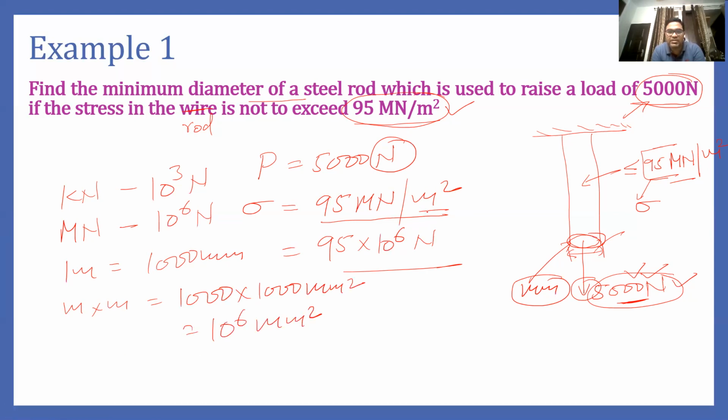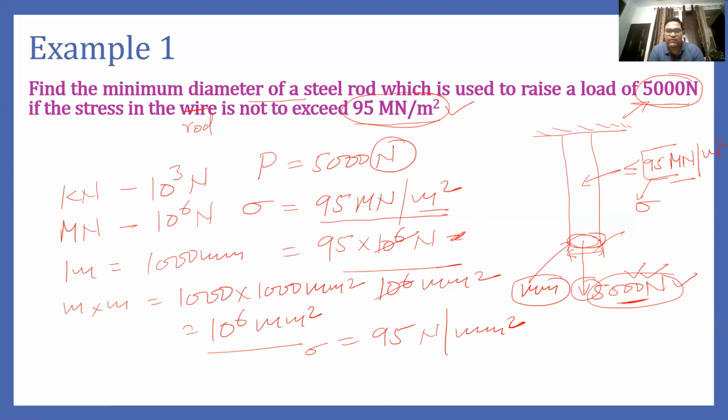So this will be divided by 10 raised to power 6 mm square, and this will cancel out with this one. So ultimately, the stress in Newton per mm square will be 95 Newton per mm square. So we can write it directly. These are the values given in this problem.